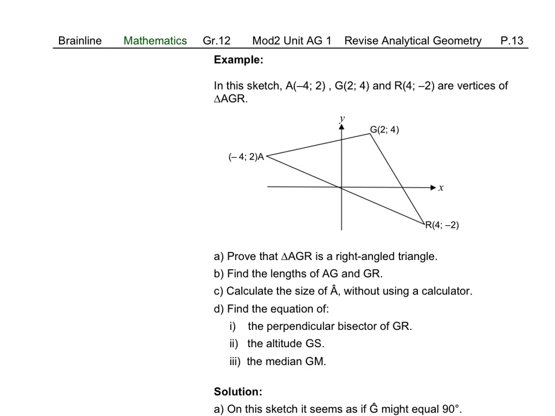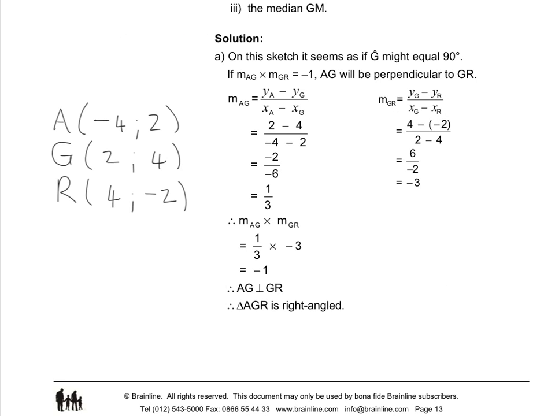On the sketch, it seems that angle G might equal 90, and therefore we will work out the gradient of AG as well as the gradient of GR to see if the product of the two gradients equals -1. So working out the gradient of AG, we take the difference in y values, 2 minus 4, over the difference in x values, -4 minus 2, to get a third.